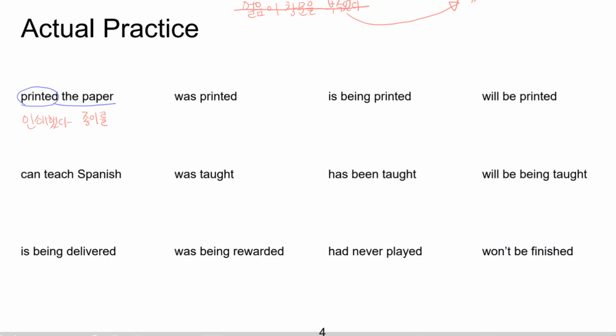It becomes something like this, right? Printed the paper. How about this one? "Was printed." Where do you circle? Like this? No, because we have BPP. So we need to see a BPP as a whole, as one verb, right? So "was printed" means 인쇄되었다.